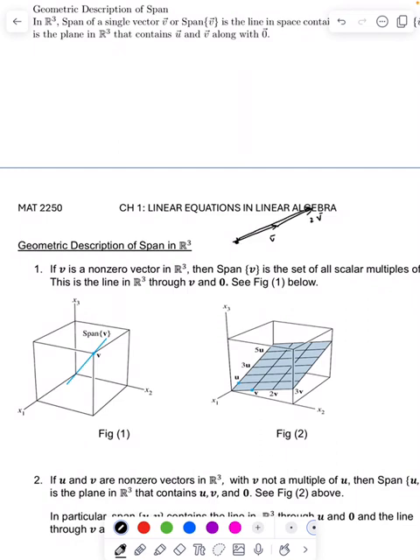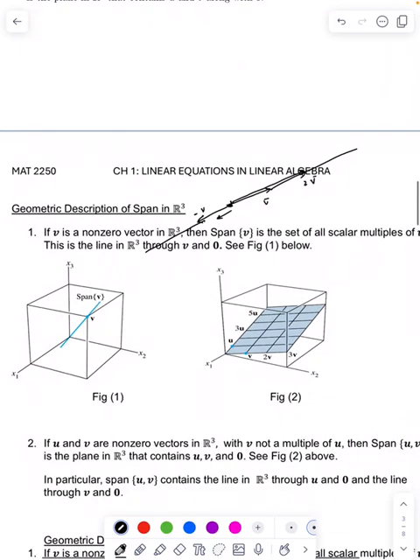And then we can have minus v. We can have 3/2 v or 1/2 v, which will be like this much. If you notice, where are they lying? They are lying on the line through v and the origin. We get just a single straight line.